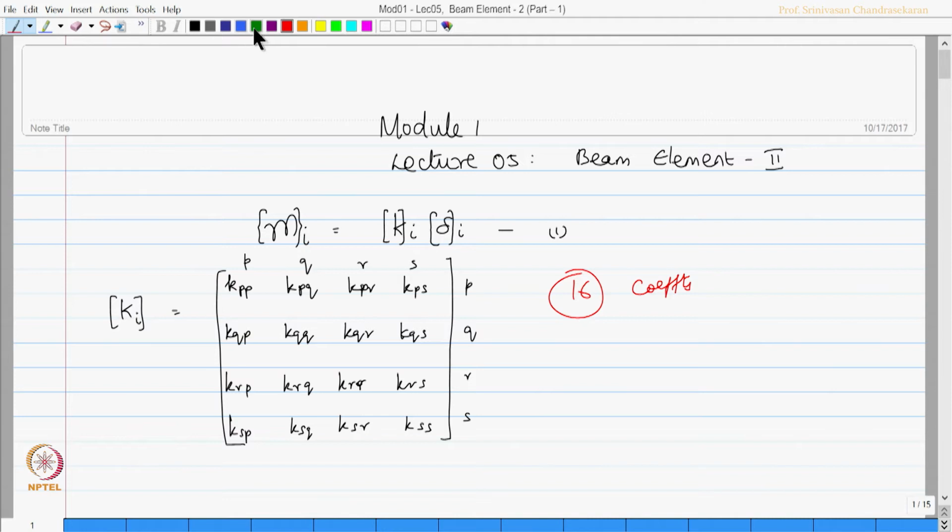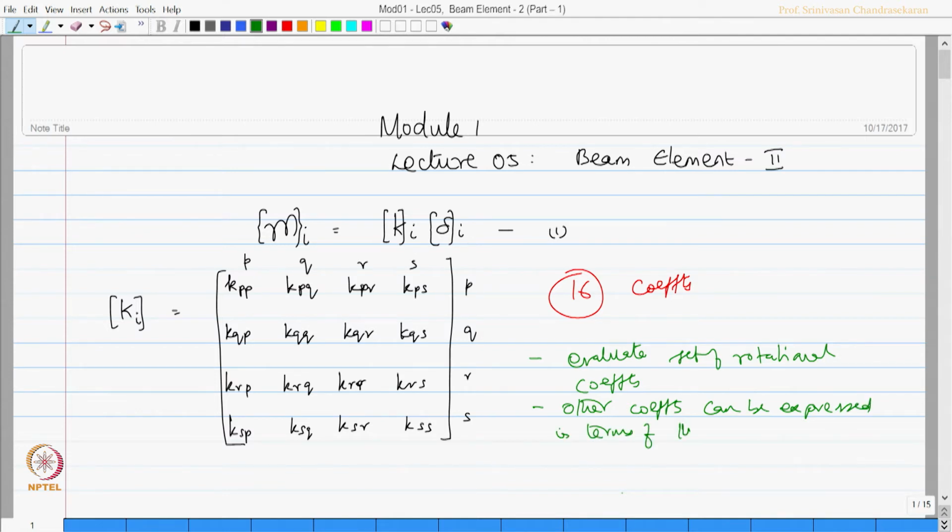out of which one good thing is we need to only evaluate a set of rotational coefficients. Others can be expressed in terms of these rotational coefficients.